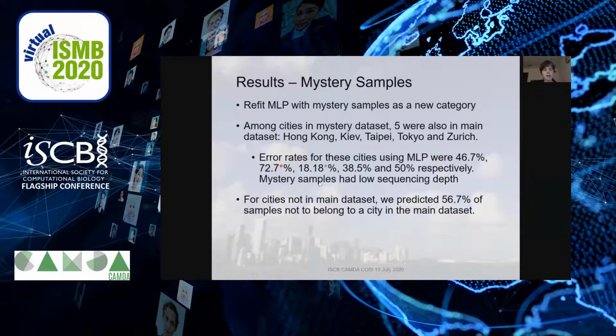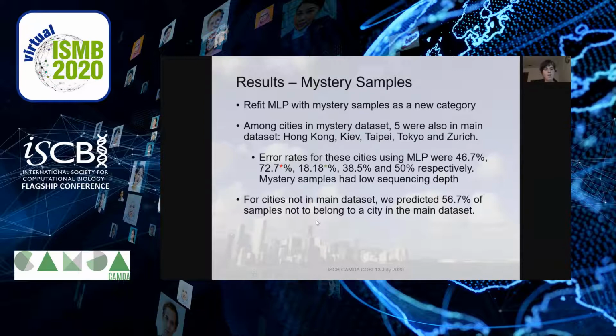Mystery samples had low sequencing depth, so this low sequencing depth somewhat contributes to the higher error rate for the predictions for these cities, because higher sequencing depth leads to better predictions for our models.